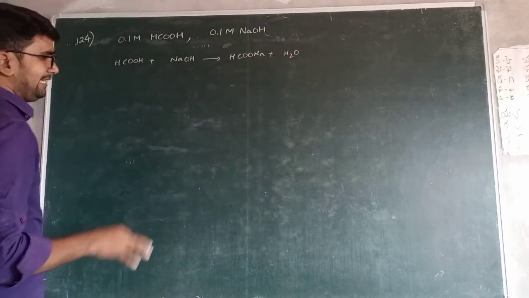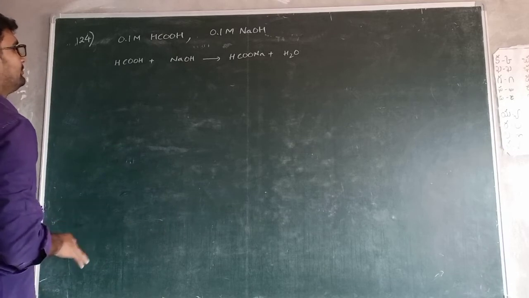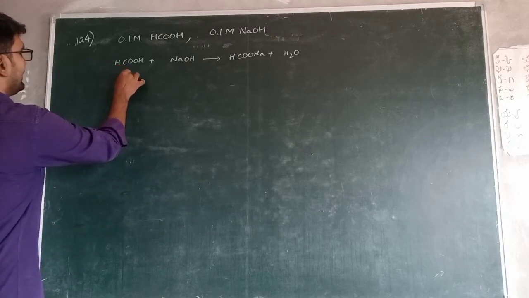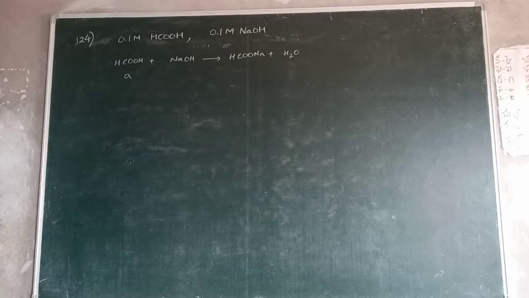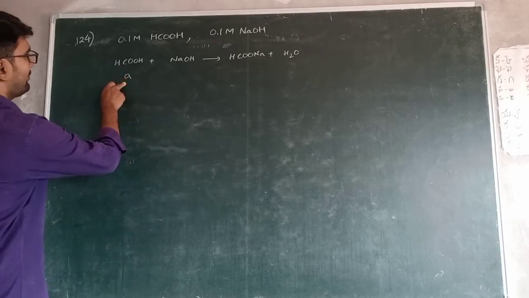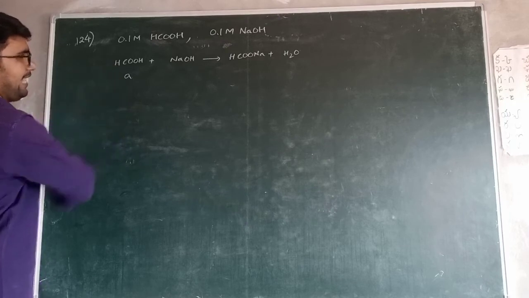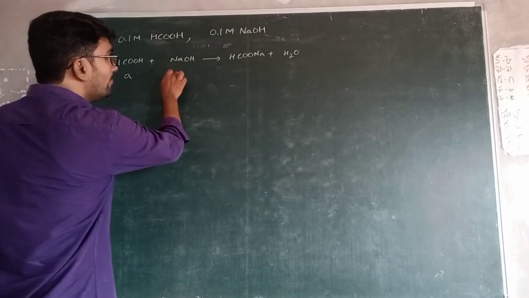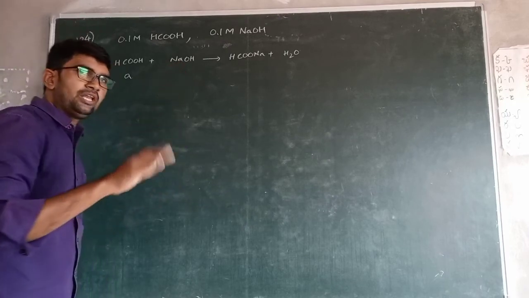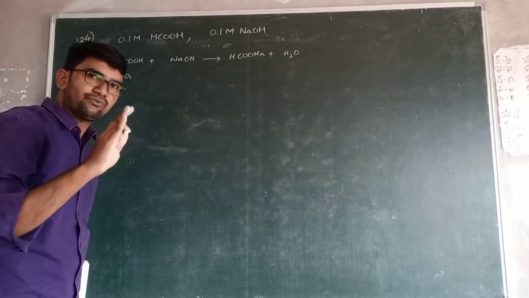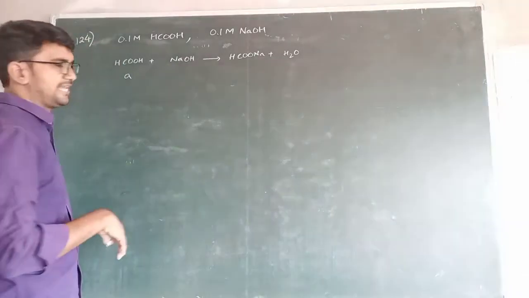So initially we will take the concentration of HCOOH as A. Means simply milliequivalents of weak acid is A. This is how much is supplied here. Only 1/5 stage means only 1/5 part of neutralization takes place.